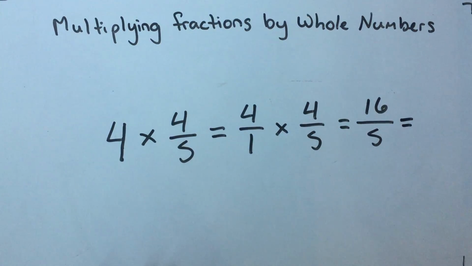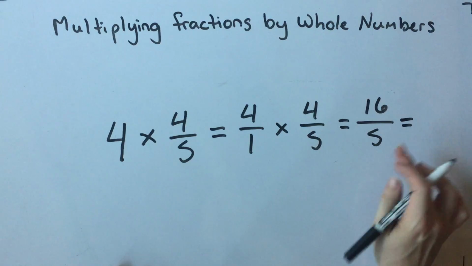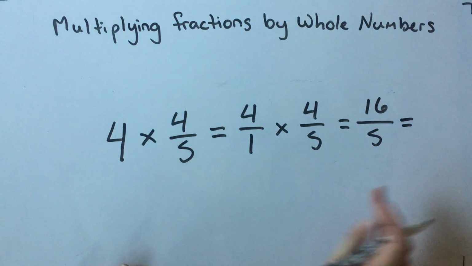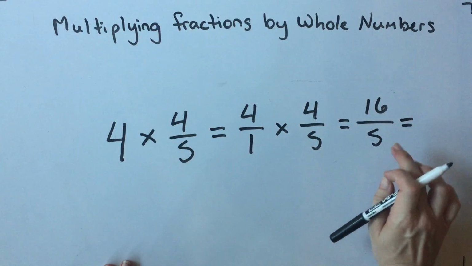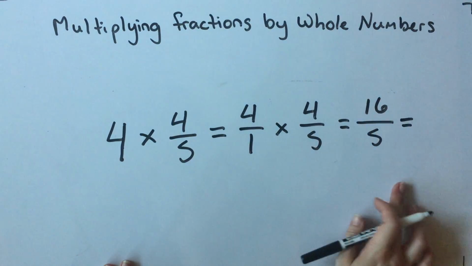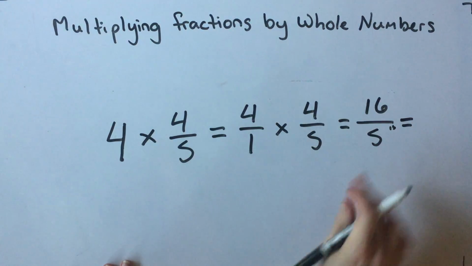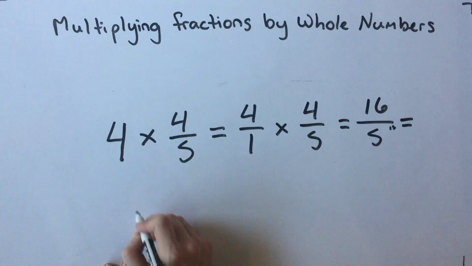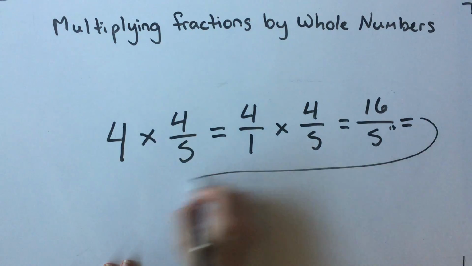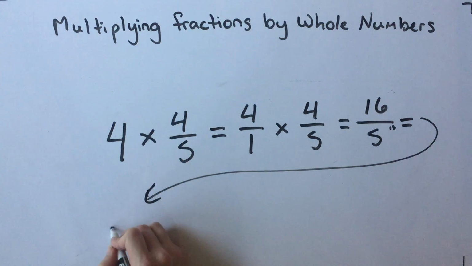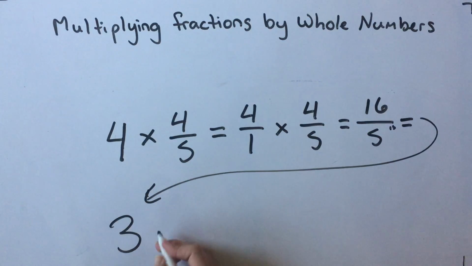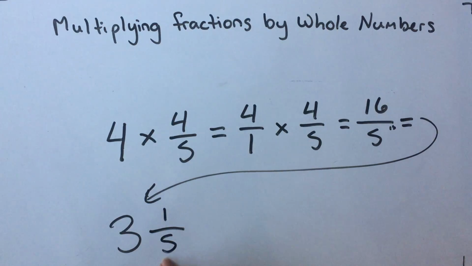And then when I'm turning that improper fraction into a mixed number, I need to say, how many times can I put 5 into 16? What's the closest I'm going to get? That's going to be 15. So 5 times what gets me to 15? 3. 5 times 3. So what's my leftover? 1/5. So 5 times 3 plus 1, 16 over 5.